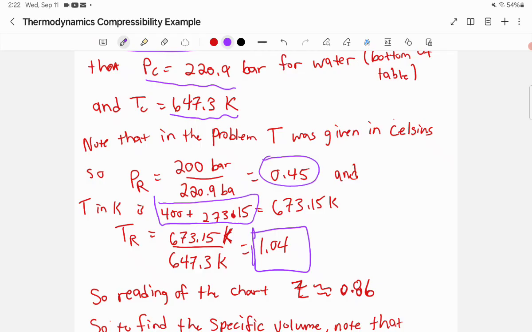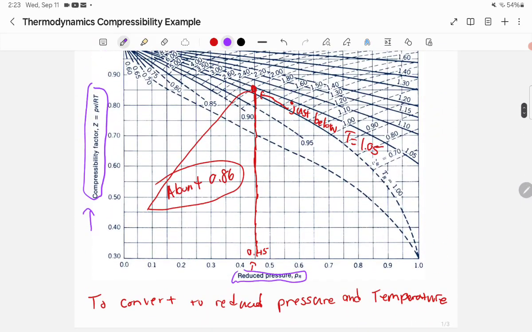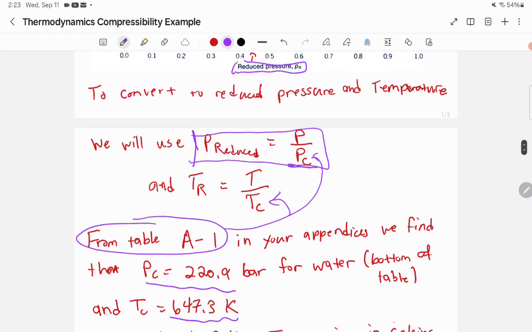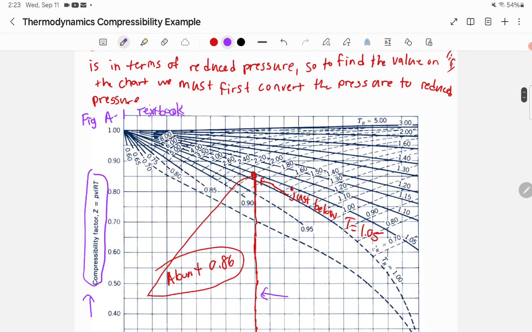Okay, so then we can go to our chart, and what we're going to find is that it's about 0.86 for the compressibility factor, Z. If we go here, notice that this red line is at 0.45, the reduced pressure that we found, so that's nice. We can just go up this line, and then we have to find the curve for temperature up here. Notice that each of these is a different temperature curve.